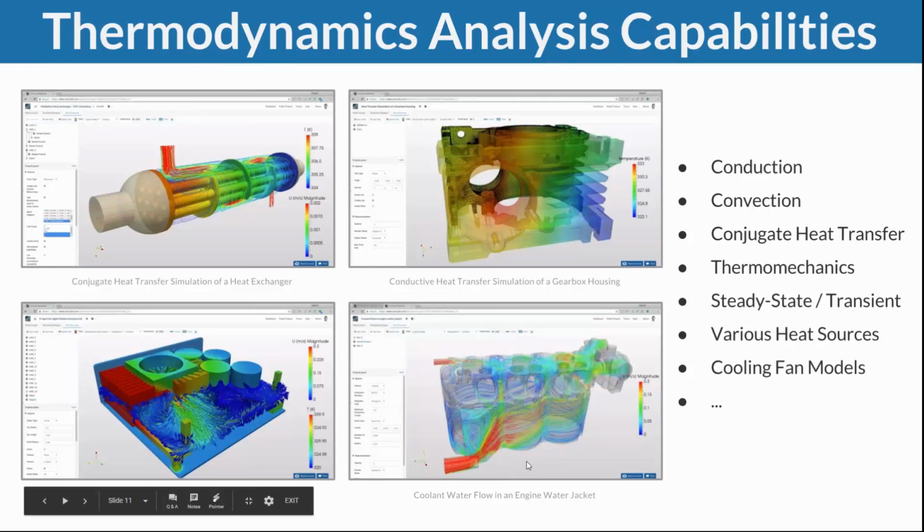And then what we're going to look at today is a coupled heat transfer analysis, coupled between conduction and convection. That's, for example, the two applications on the left, a heat exchanger, and in the lower right, an electronics cabinet, where we're looking at conductive heat transfer inside the solid components, and then convective heat transfer inside the air.